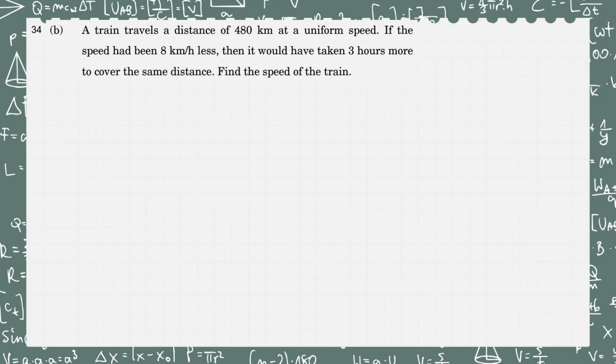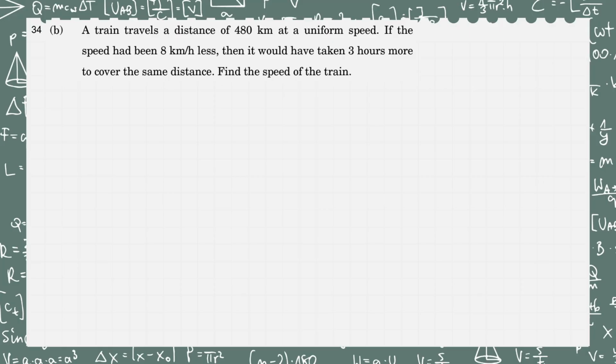So now what we are going to do is we are going to take x kilometer per hour as the original speed of the train. Okay, so it is going to travel a distance of 480 kilometer, then we have to find the time taken, and that is a different case. And if the speed has been reduced by 8 kilometer per hour, then the new speed will be x minus 8, right?